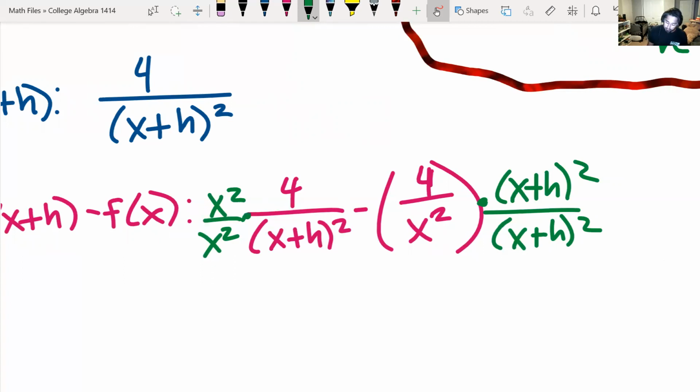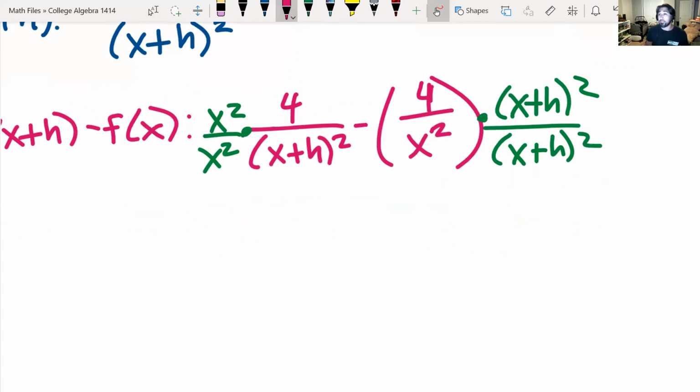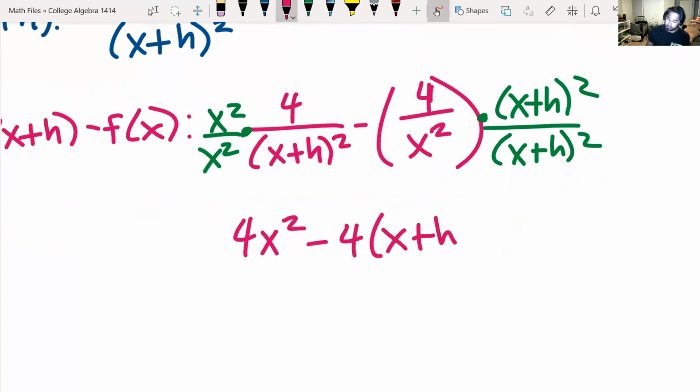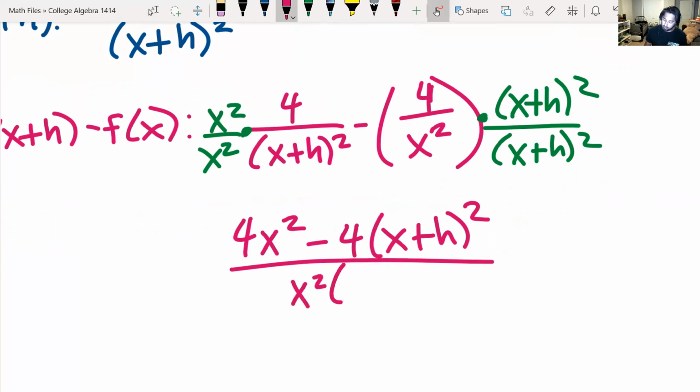That's common denominators. Okay, and now we get 4x squared minus 4 times x plus h squared all over the same denominator of x squared times x plus h squared.